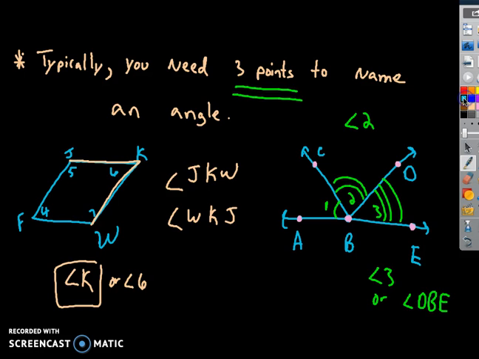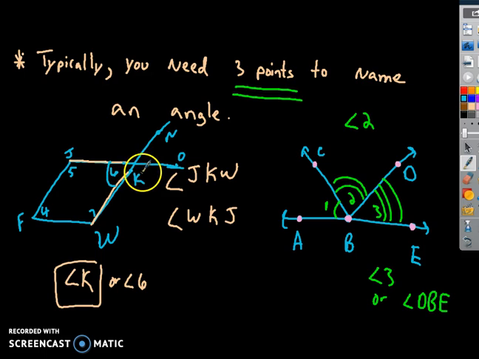However, if that side was extended like this, and let's put a little point K there, with some other letters out there, now if I said angle K, I could be referring to angle 6.